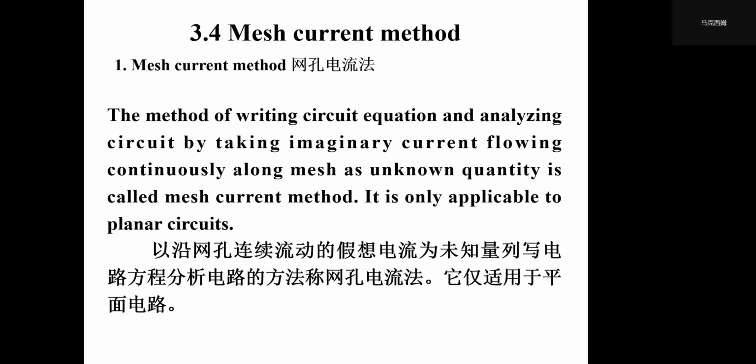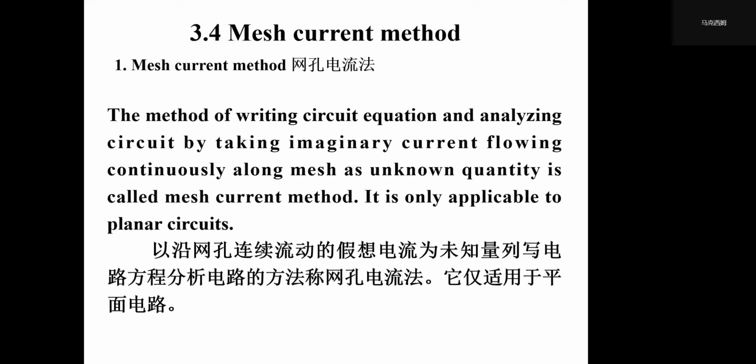So then we learned about the mesh current method. In order to avoid listing equations for all of the b branches, we don't have to worry about all the b branches. We only have to solve some mesh currents.